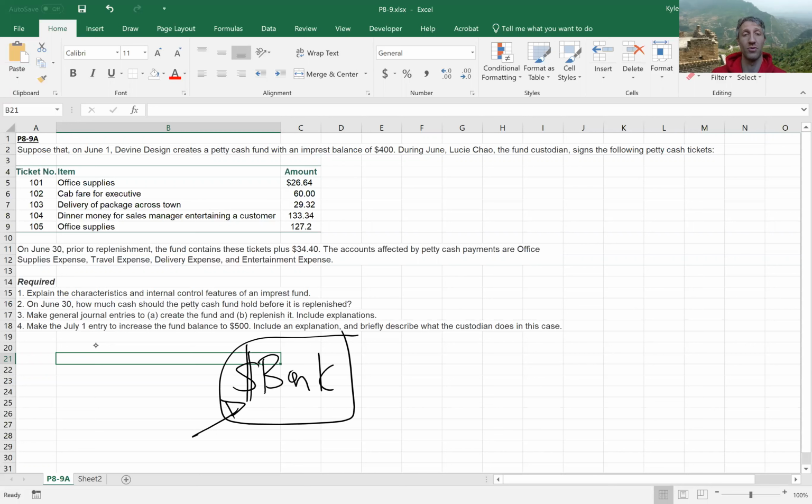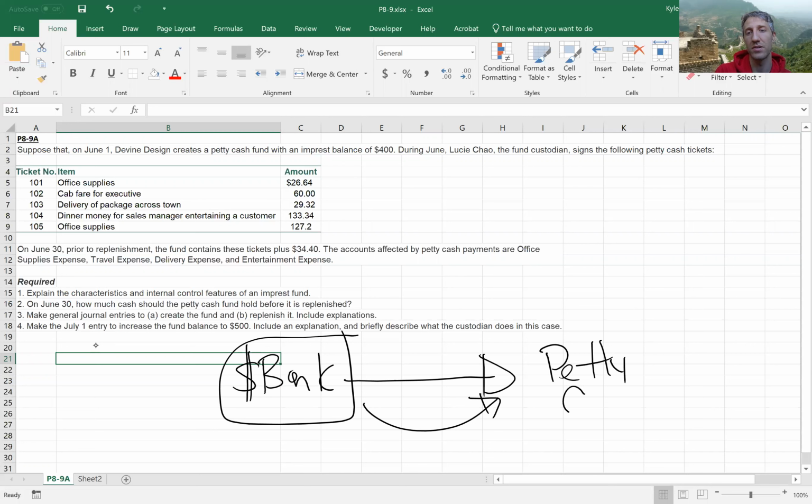What's not safe is really an envelope, a pillowcase, etc. But when they establish a petty cash fund, what they're doing is they're withdrawing money from the bank and putting it physically in petty cash. So petty cash consists of a combination of bills and coins. It's physical.